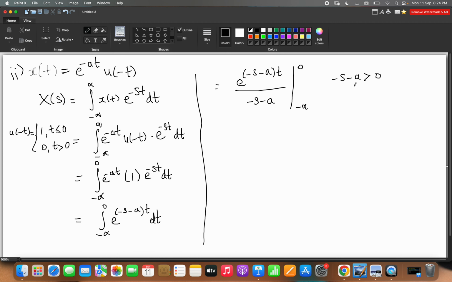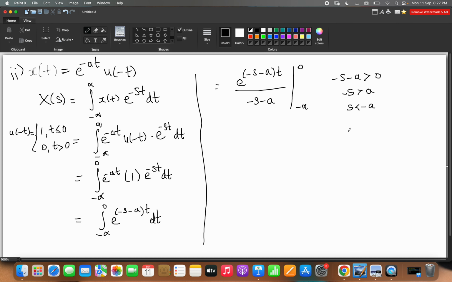Okay, in this case we just move this minus a to the right hand side. If you move the negative sign from the left hand side to the right hand side, then s needs to be lesser than minus a. Okay, so if you are changing the sign, the greater symbol will be changed to lesser symbol.